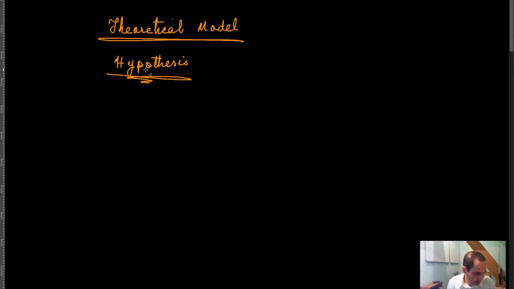Now let's say that you come across, for example, some scientific law, for example, about gases and pressure and volume, and you investigate and you build a theoretical model. Now you have your scientific law, you have done some investigation, and you have built a theoretical model.